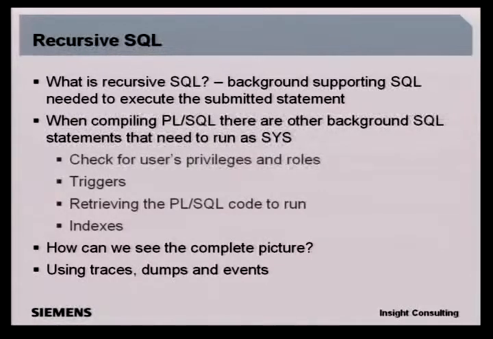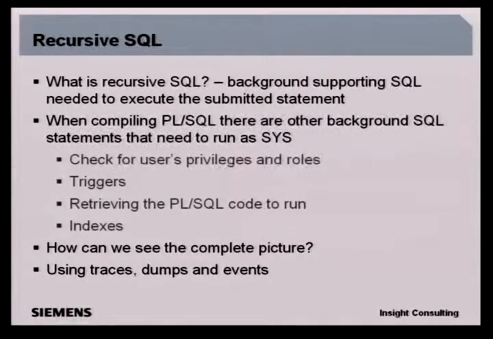So when compiling PL/SQL, there are a lot of other background processes, SQL statements that need to run as sys. These could be privileges, triggers, for instance, retrieving the PL/SQL source code or indexes. So how can you see the complete picture? Well, it's possible because Oracle provided a wait interface. They've instrumented the Oracle kernel and allowed you to trace how the Oracle kernel works.